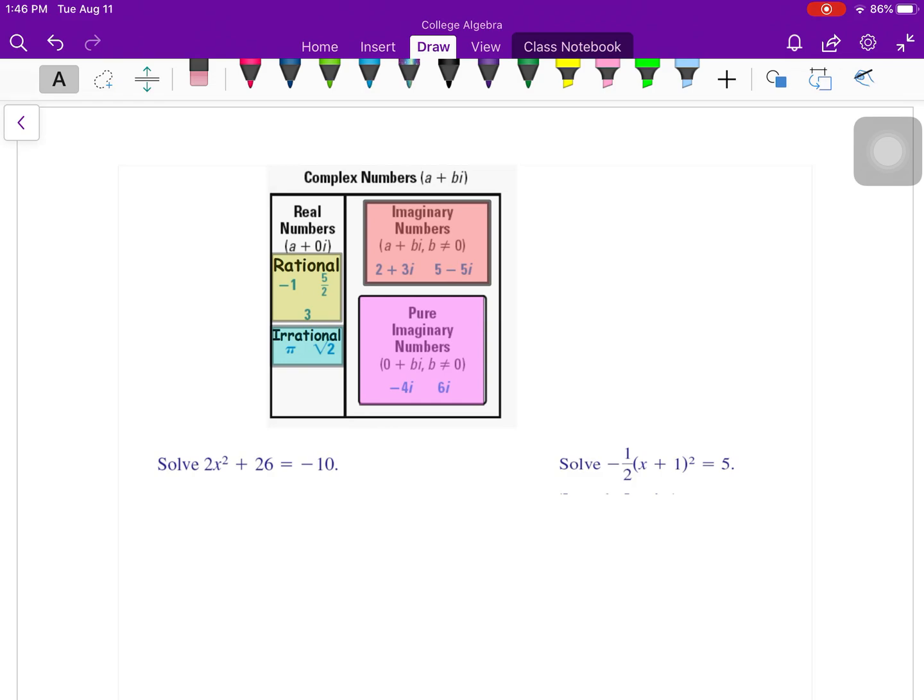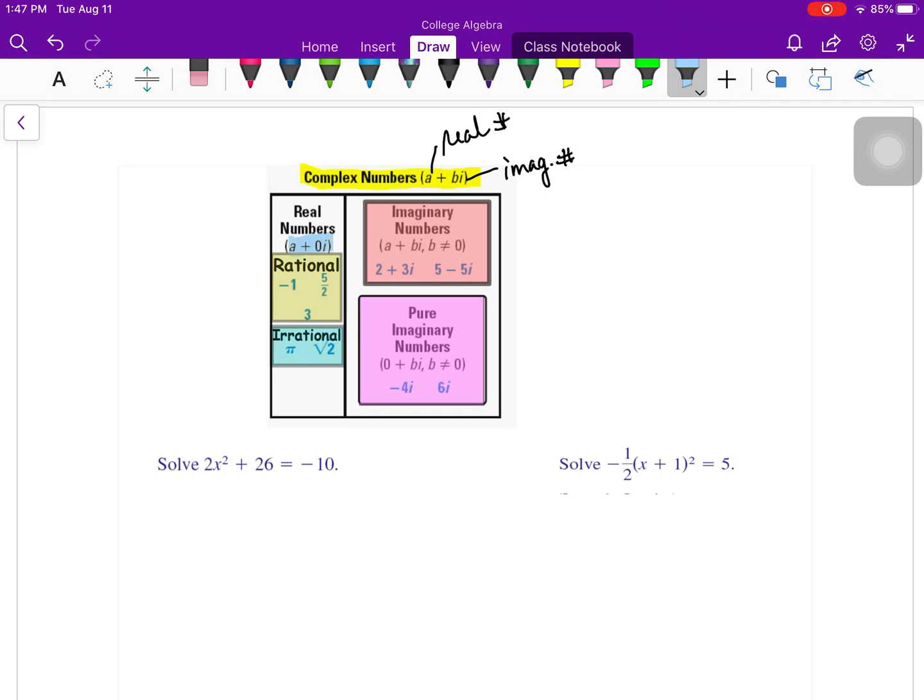So a complex number can be written as a plus bi, where a is your real number and bi is your imaginary number. Now, if we have a plus 0i, that simply means that we have only reals.